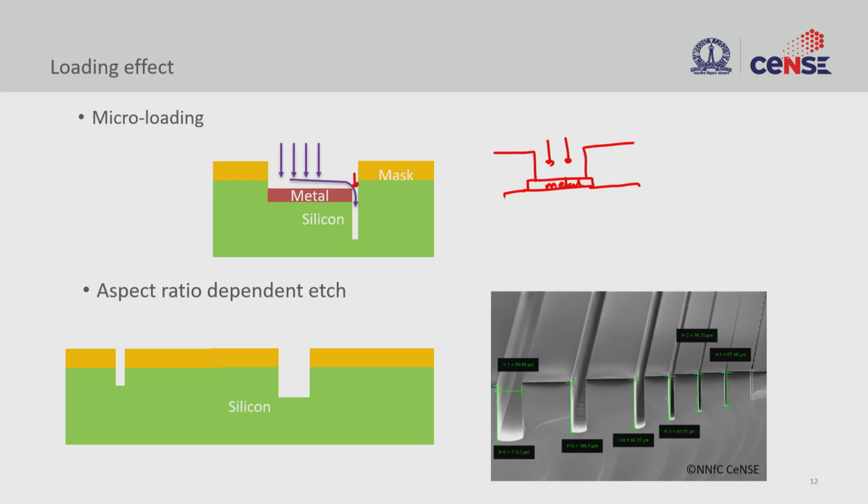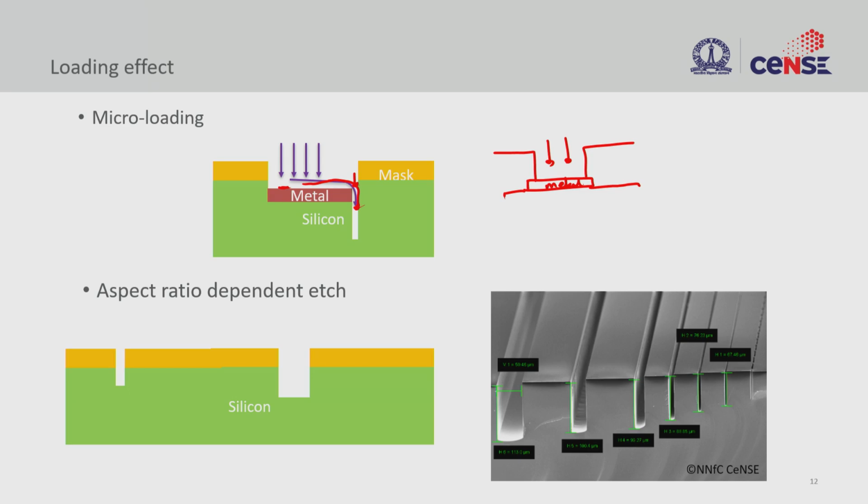So now once you hit the metal, because of this notch that you see here, you have all the radicals here that can go and react with this silicon. Here the etch rate is going to be very high because there is no reaction happening on this metal. All the radicals can migrate to this silicon opening and etch it. So this can be an accelerated etch called microloading.